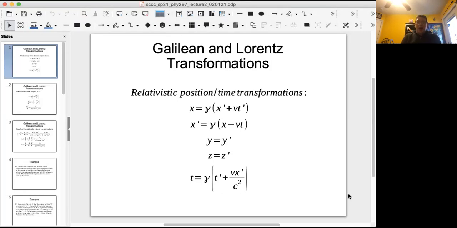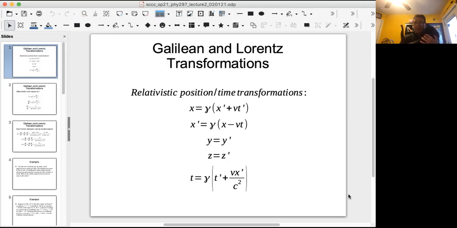So the important one is the bottom one, measuring time in O's coordinate system if the variables x prime and t prime are known. And so that's equal to gamma times, in parentheses, t prime plus v times x prime over c squared.